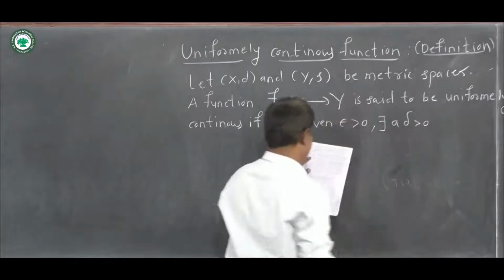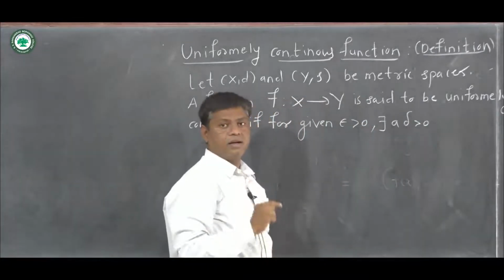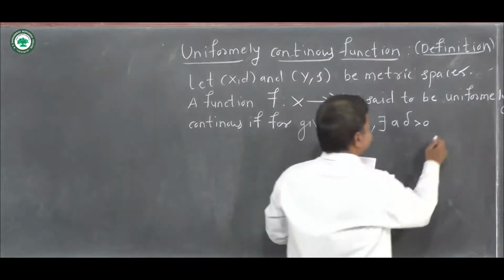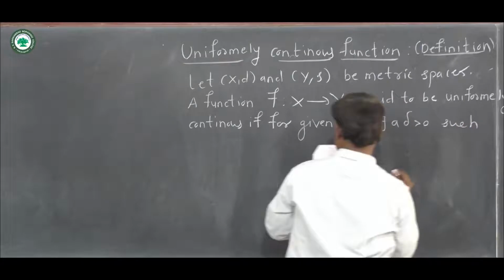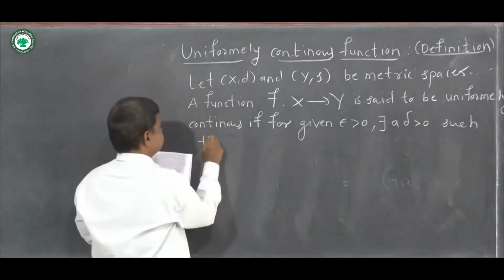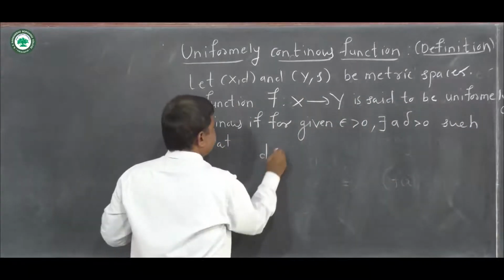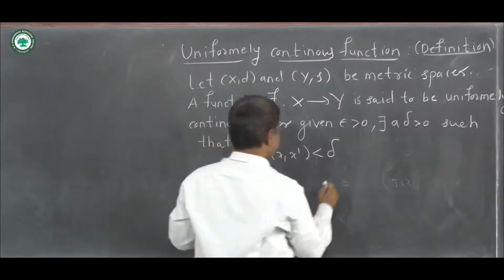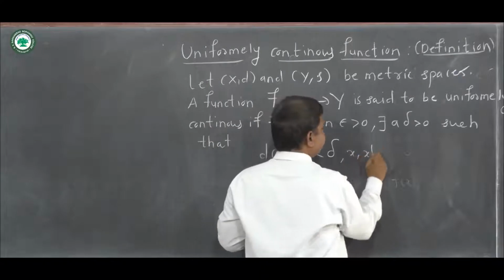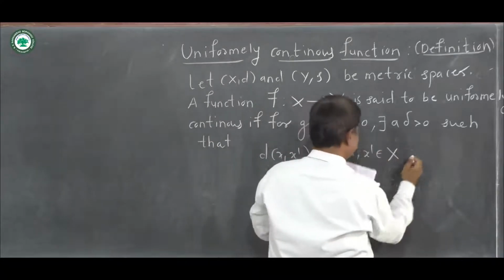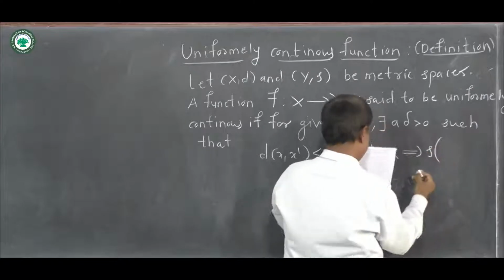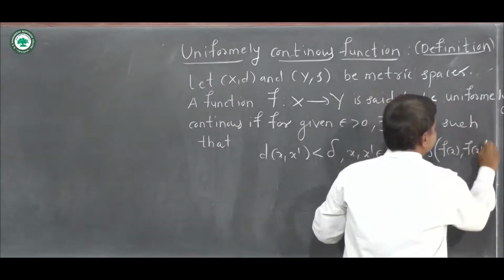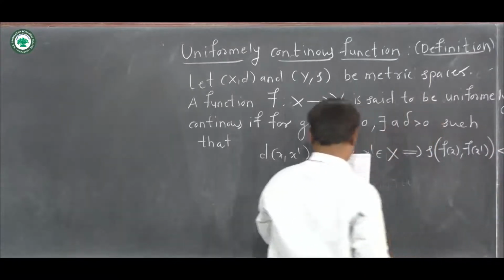Remember here, delta depends on epsilon alone, that is delta depends only on epsilon here, such that d of x, x dash is less than delta for x and x dash belonging to X implies that rho of f(x), f(x dash) is less than epsilon here.